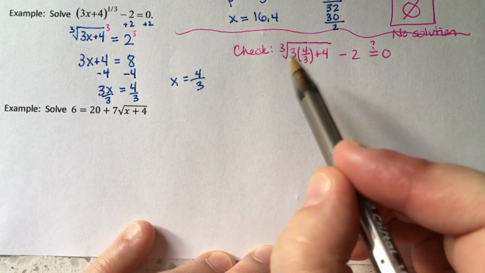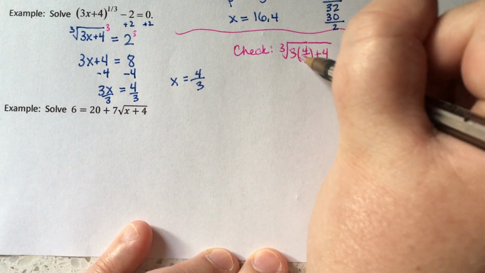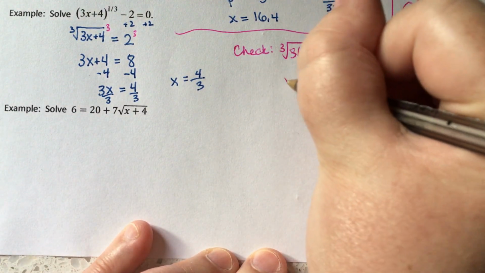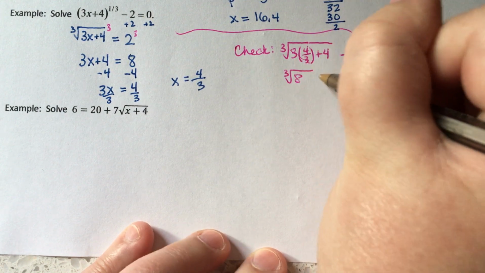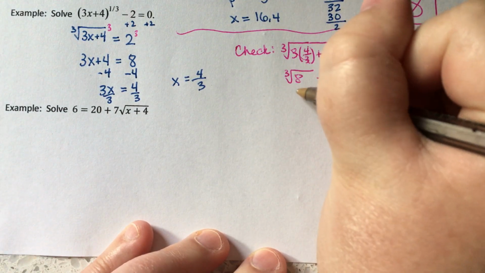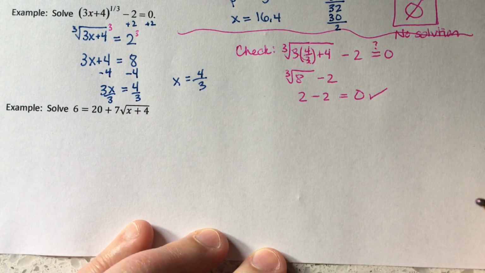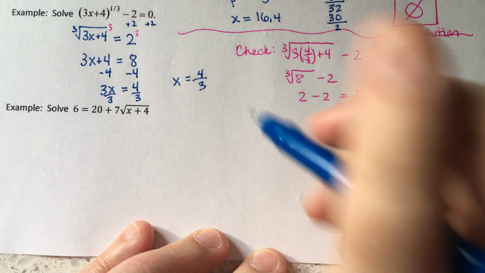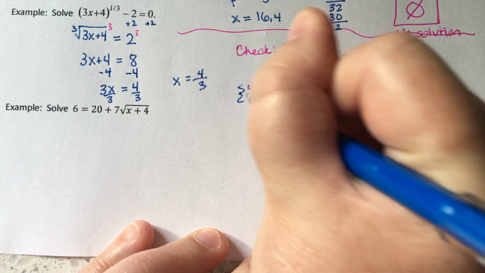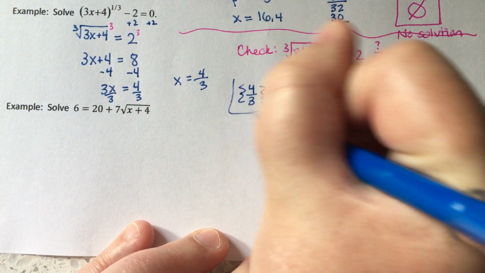So we can either put this in our calculator, or these 3's actually just cancel. So this becomes the cube root of 8 minus 2. Cube root of 8 is 2, and 2 minus 2 does equal 0. So it does check out, and therefore our solution is 4/3.